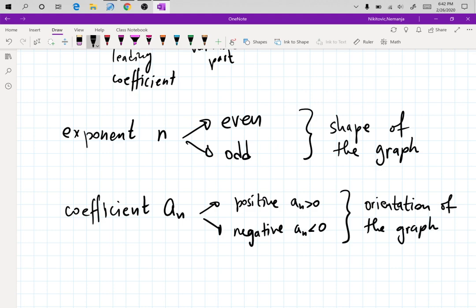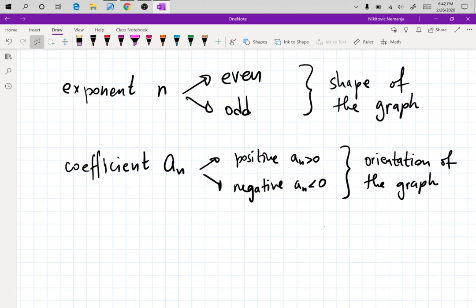You must know both to graph x to the 9, for instance. So now, how do these help you draw a graph?